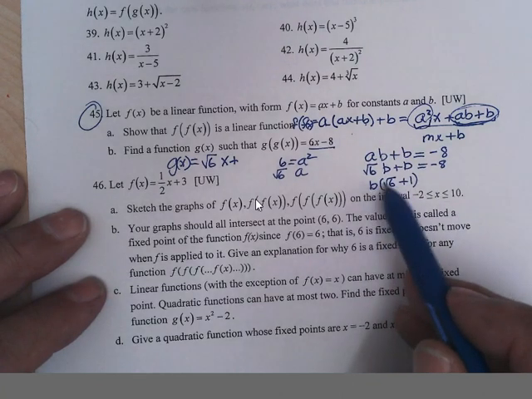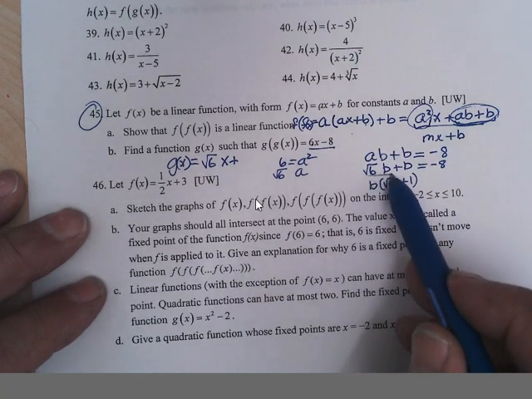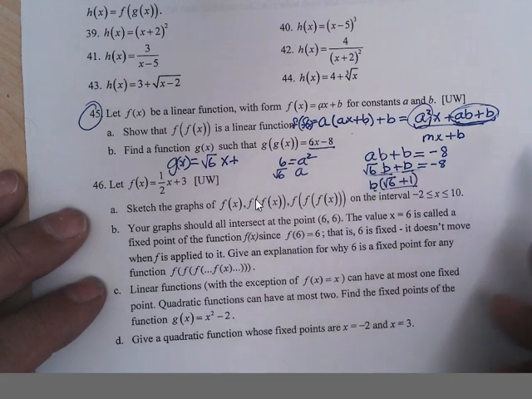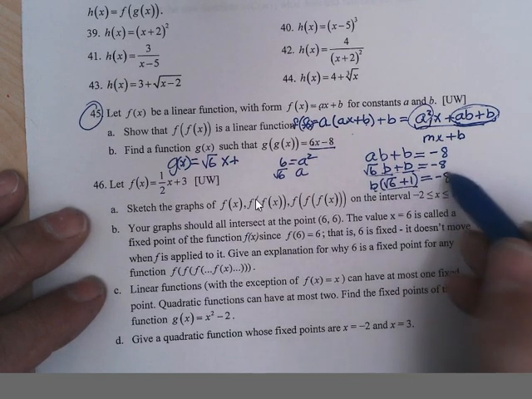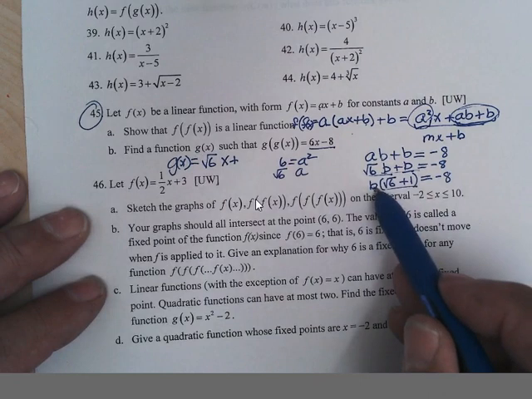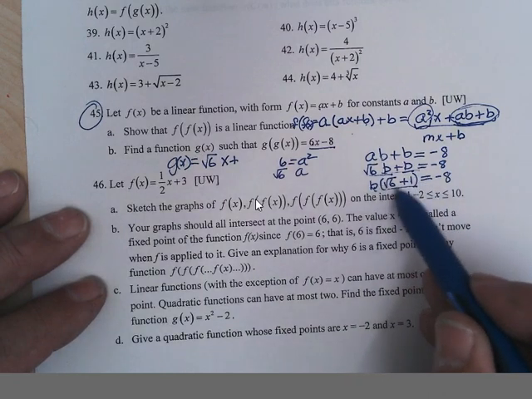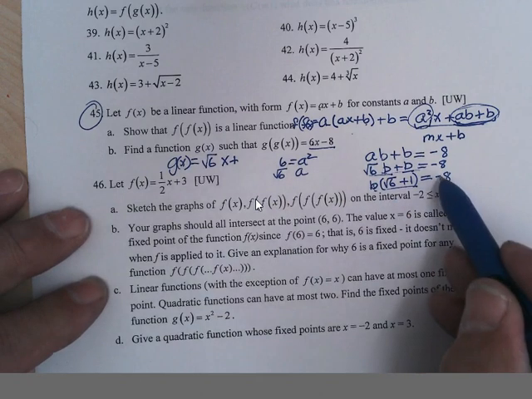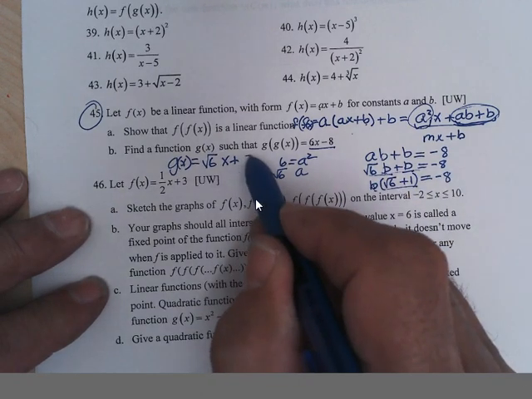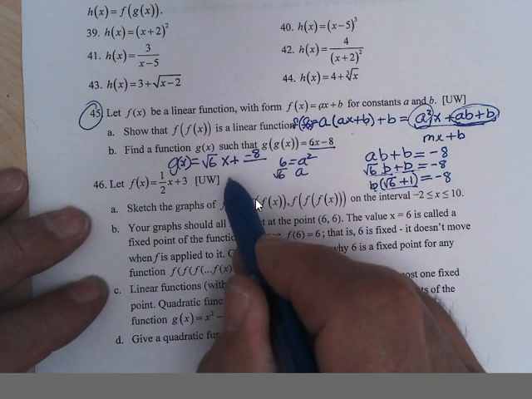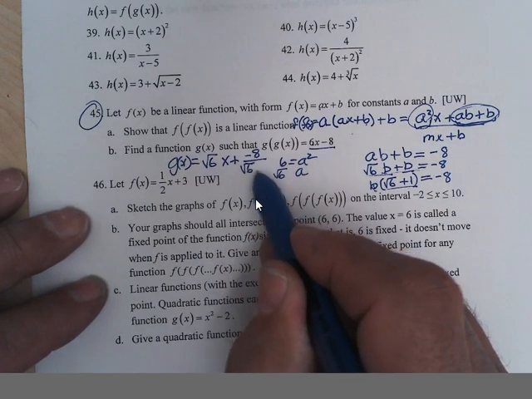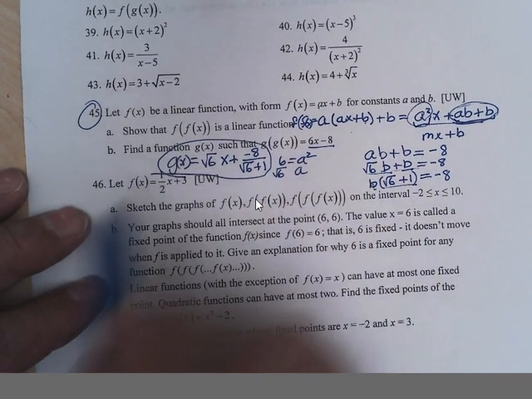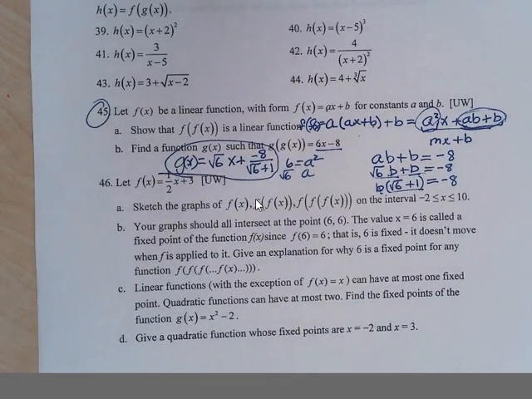Do you see how b times this makes this part, and b times 1 makes this? So this is the same as this, equals -8. And to solve for b, we would divide by the number that's times it. So we get b to be -8 divided by square root of 6 plus 1. And there's the line that they were looking for. That's a tricky one.